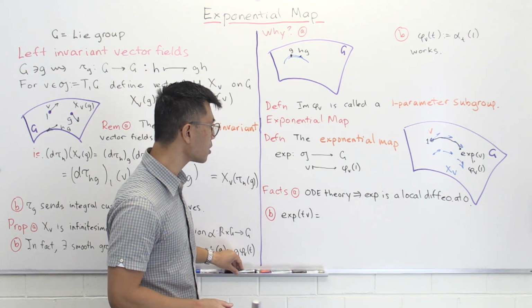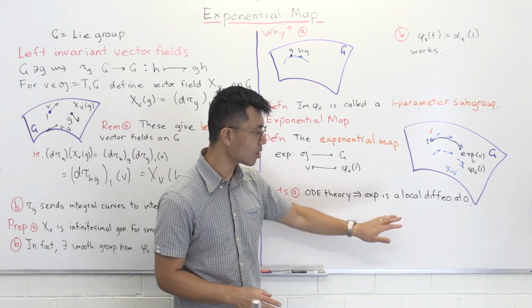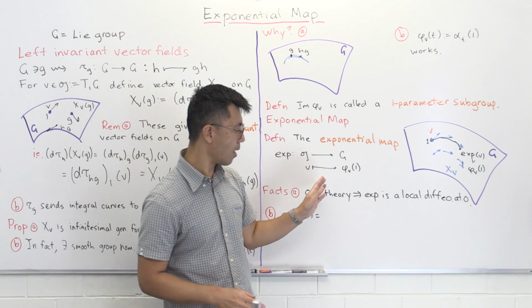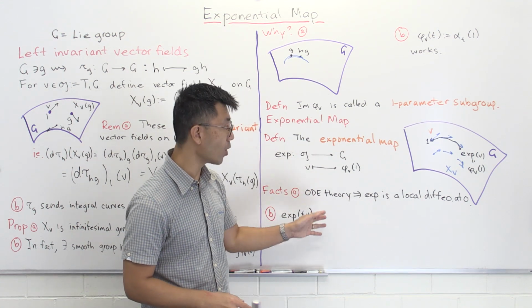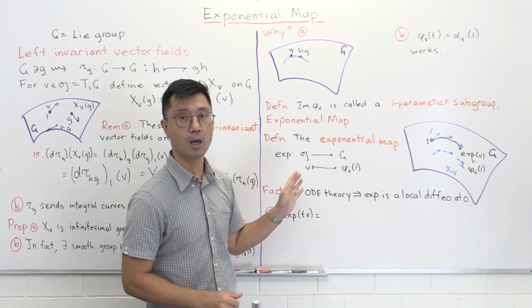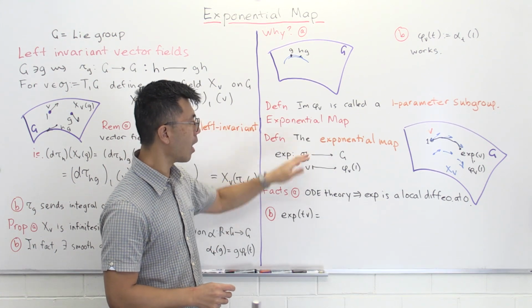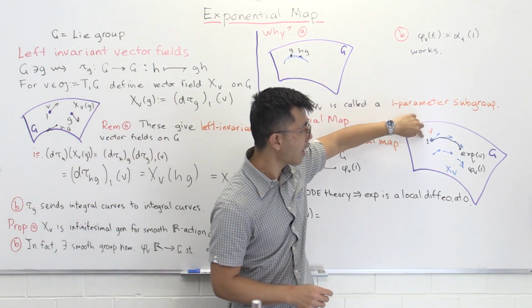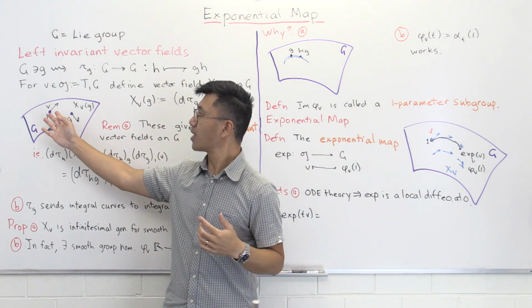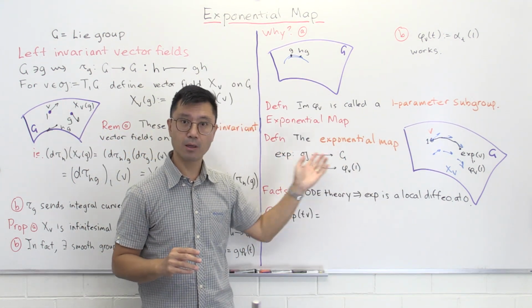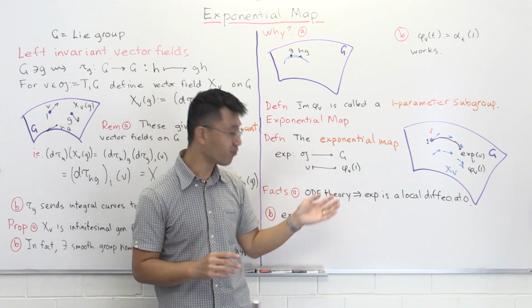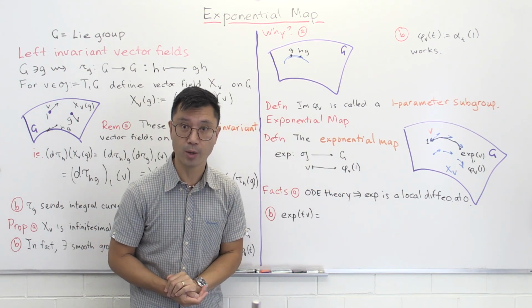Okay, so what's so nice about this? So one of the things is that you can use the theory of ordinary differential equations to study this map. And the first thing that you see is that we're starting with this tangent space, and you can say, well, what is the differential of this map? This is going to be a smooth map that follows from the theory of ordinary differential equations.